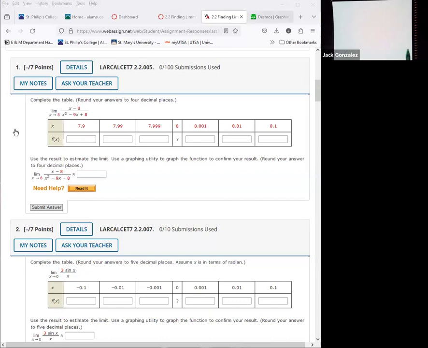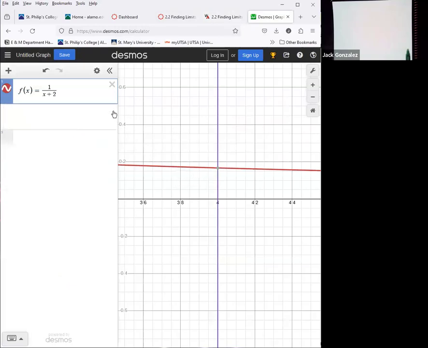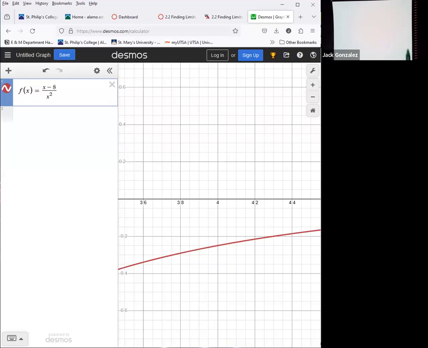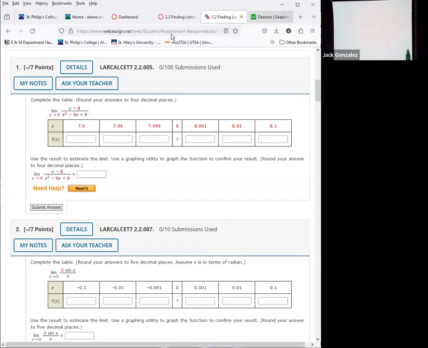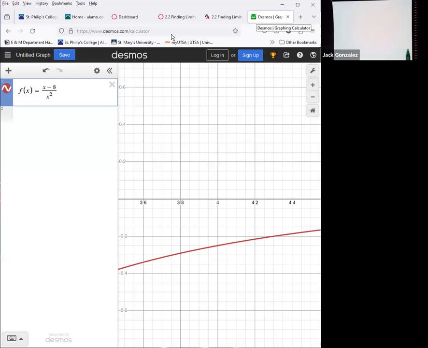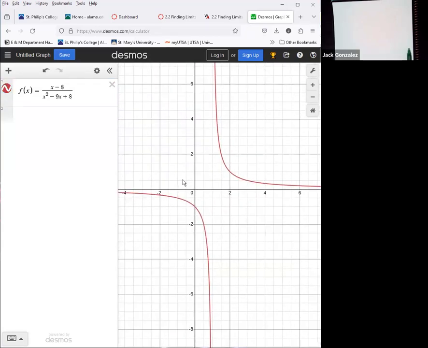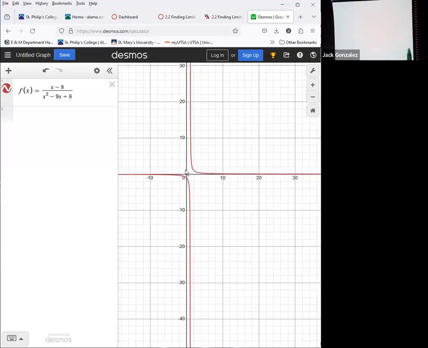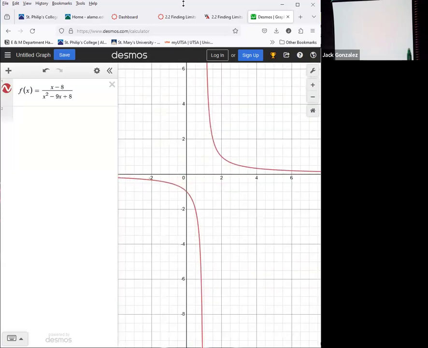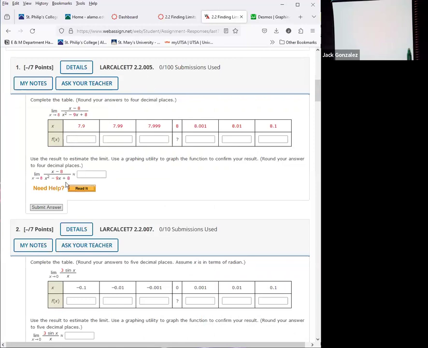X minus 8, minus 9x plus 8. Okay. So look at the function, similar to the last one. They want to know what's happening as we get closer and closer to 8.